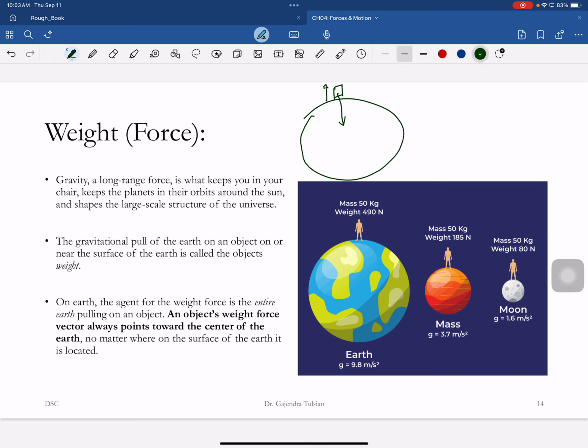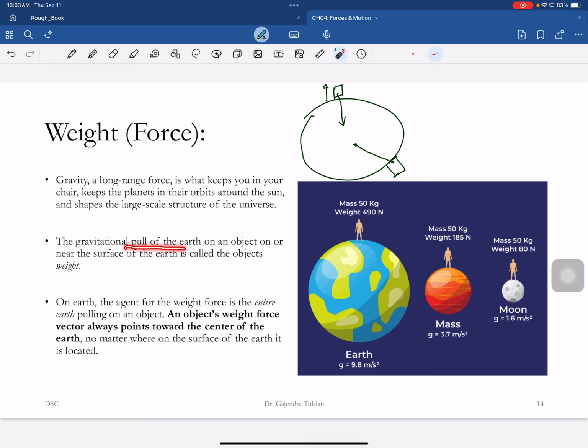So that's why the Australians don't fall off the Earth. They are also being pulled toward the center of the Earth. So this is the force, and the magnitude of the force, the strength of the force, is your weight. So when you say you weigh 165 pounds, what you're saying is the magnitude of the weight force.